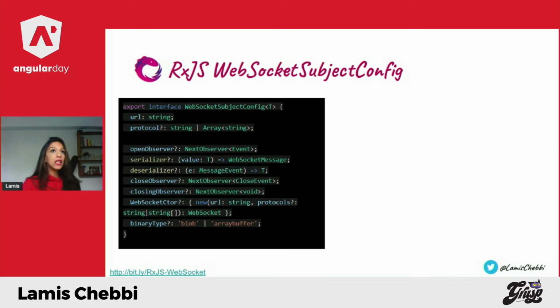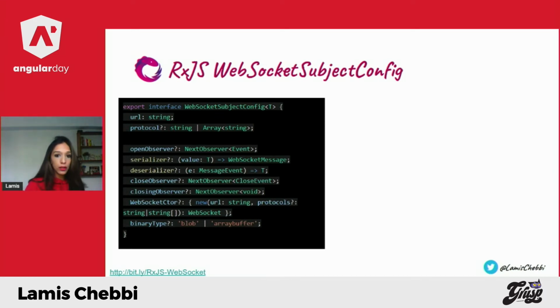If you want to intercept the WebSocket lifecycle and perform a specific behavior at a specific moment, for example when opening the connection, or when closing the connection, or for the serialization of messages, you want to customize it.